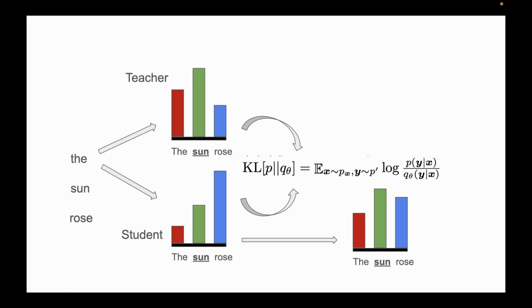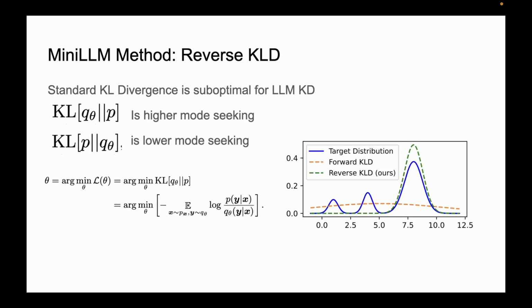The way that you do this is by using KL divergence, which is a measure of the distance between two different probability distributions. You take the log ratio of p and q theta, multiplied by the individual probabilities, to get KL divergence. So let's talk about the MiniLLM method.